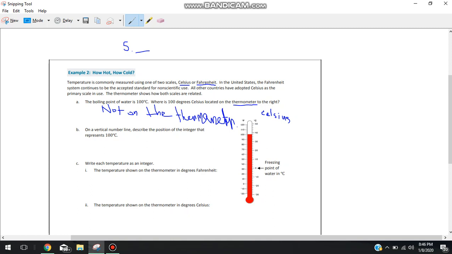Well, there are different ways you can state its position on the number line. You could say that it's 50 degrees above 50 degrees Celsius.